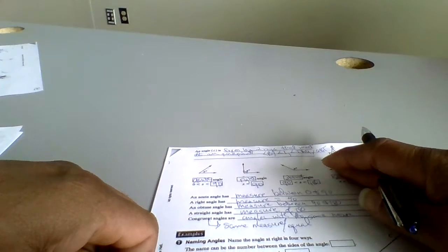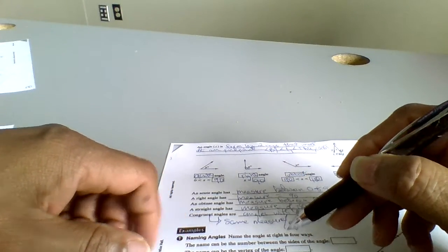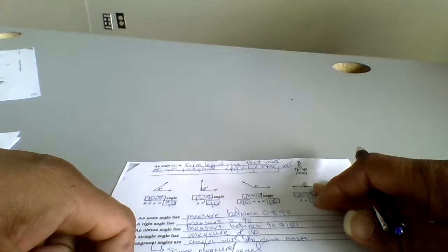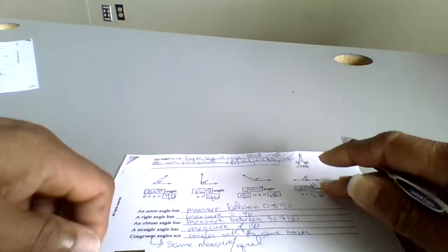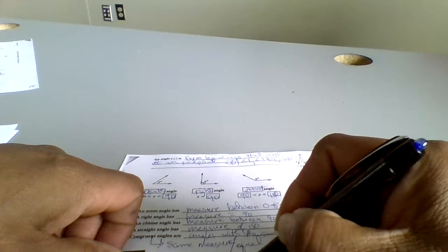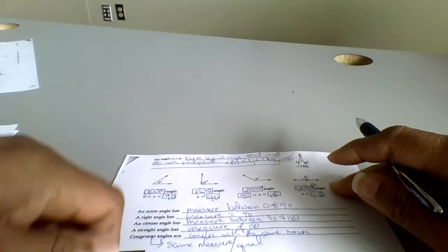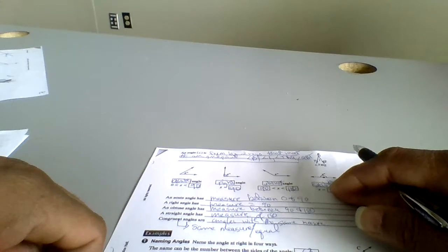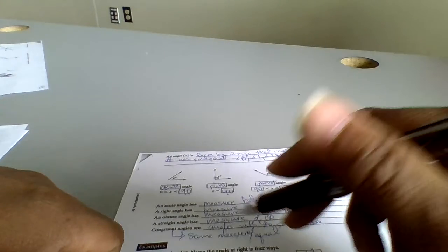All right, naming angles. The name can be numbers between the sides of the angle, so angle 3. The name can be the vertex of the angle, angle G. Finally, the name can be the point on one side, the vertex, and a point on the other side of the angle.